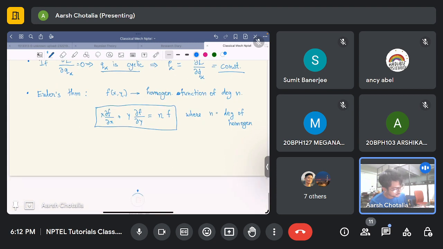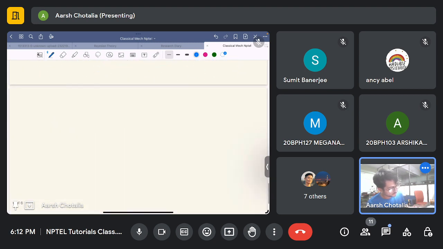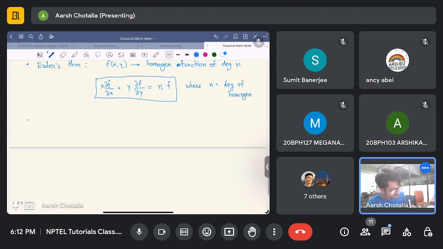Then we saw that the kinetic energy term, which is half m ri dot square, sum over i, can be converted into q_i's.